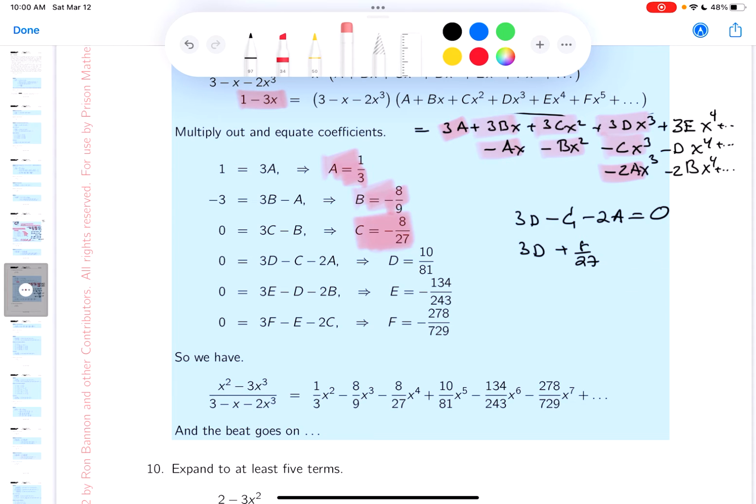So sorry. It's twice A. For some reason I said twice B. What's twice A? It's going to be minus 2/3. 3D. Let's take a look at that. Whoops, not minus, it's plus.